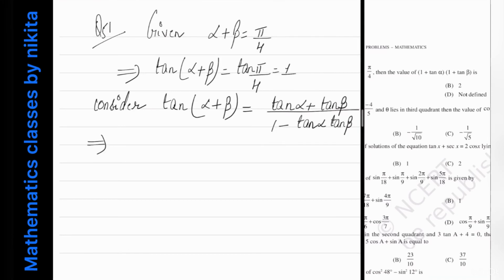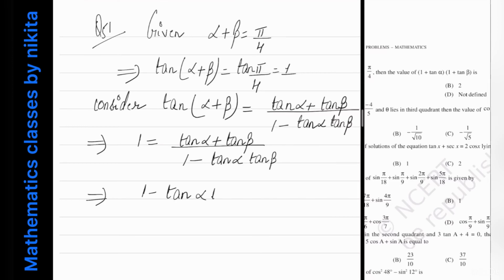So this implies that 1 is equal to (tan alpha plus tan beta) divided by (1 minus tan alpha tan beta). Okay, now just simplify this. So you will get 1 minus tan alpha tan beta is equal to tan alpha plus tan beta.